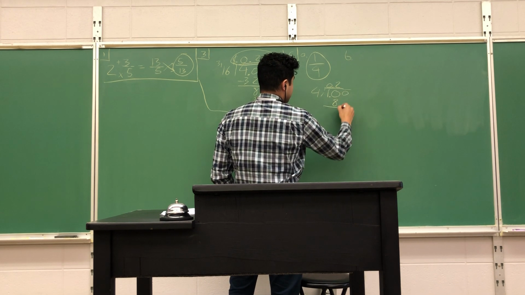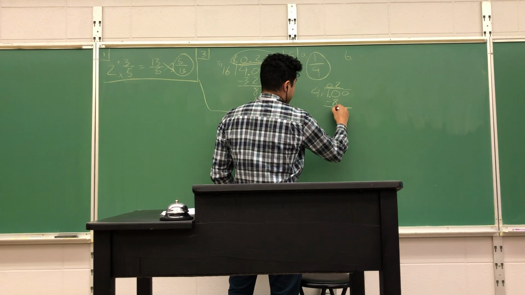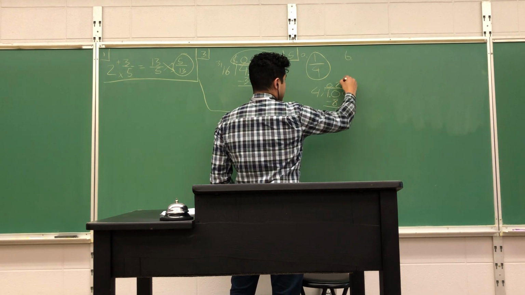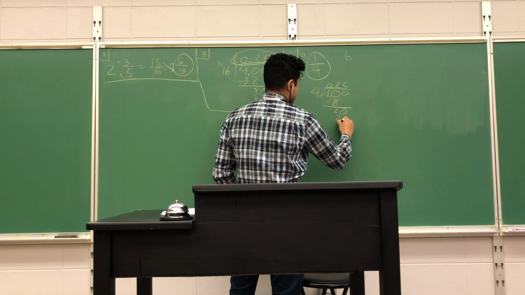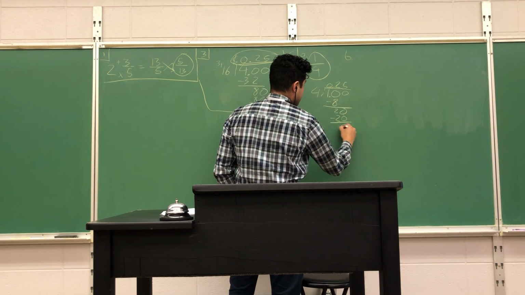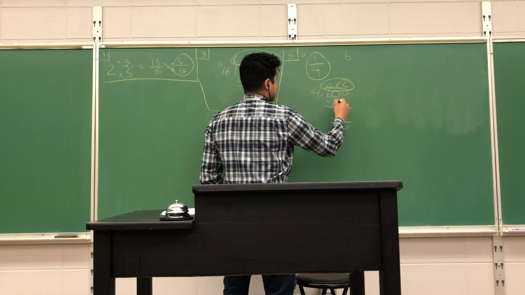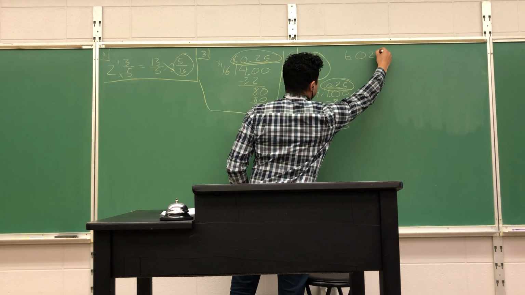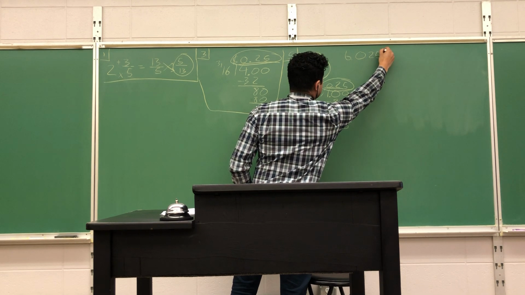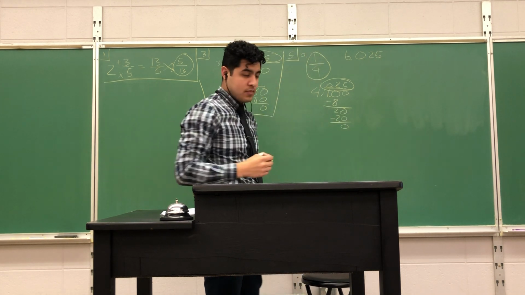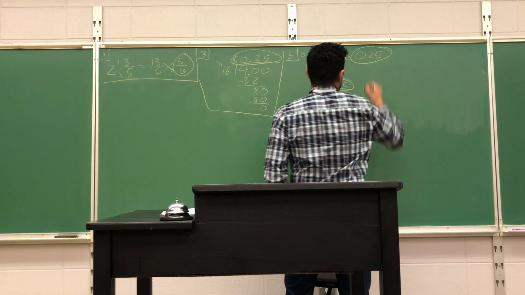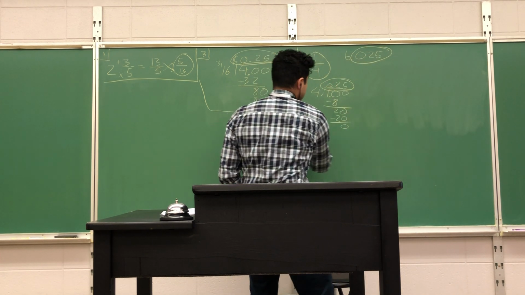Write another 0. 10 minus 8 equals 2, bring down the 0. 4 goes into 20 5 times even, okay? And that's how we find the decimal, okay? So 1/4 equals 0.25, okay? So it's a two-part problem. A is 1/4 and B is 0.25.